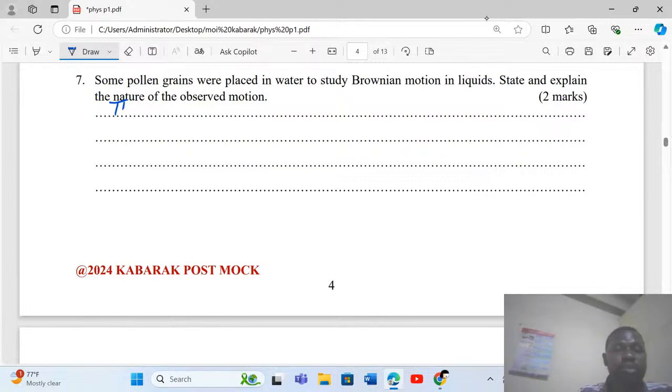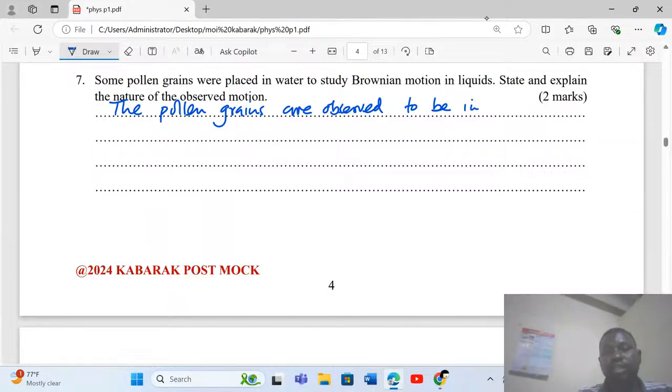So the pollen grains are observed to be in a constant random motion.